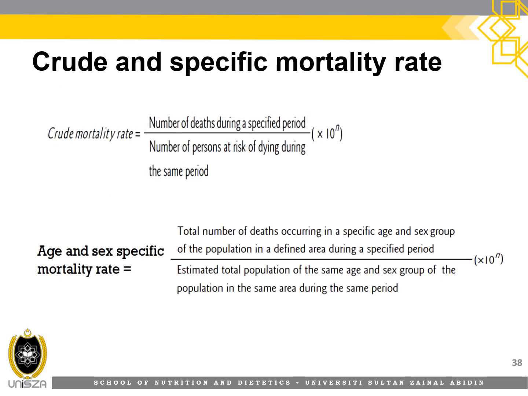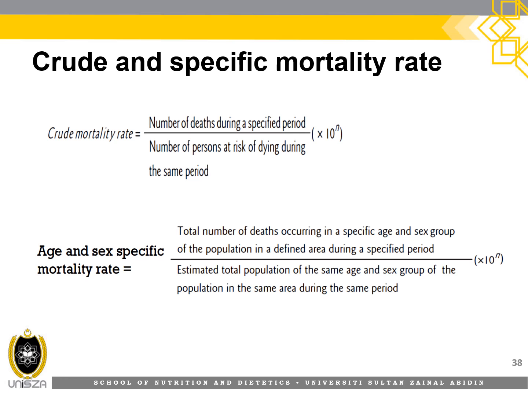Crude and specific mortality rates are important measures of mortality. Crude mortality rate is the number of deaths during a specific period divided by the number of persons at risk of dying during the same period. When we look at specific mortality rate, we can go to age or sex-specific mortality rate, or we can combine age and sex-specific mortality rate.